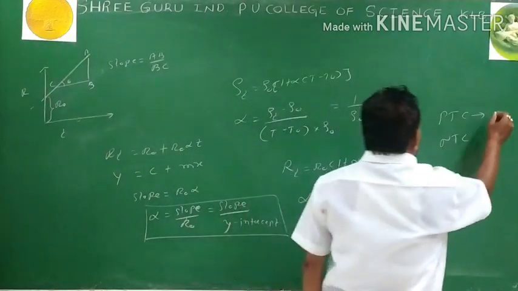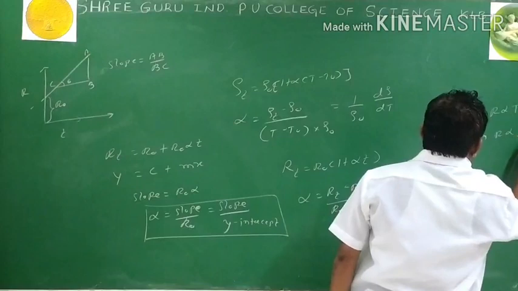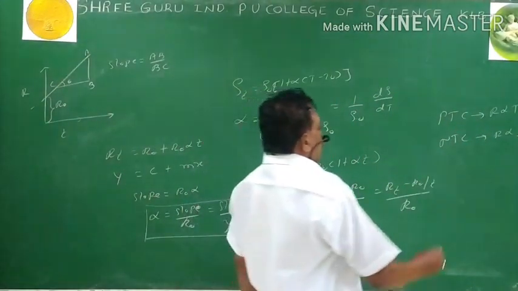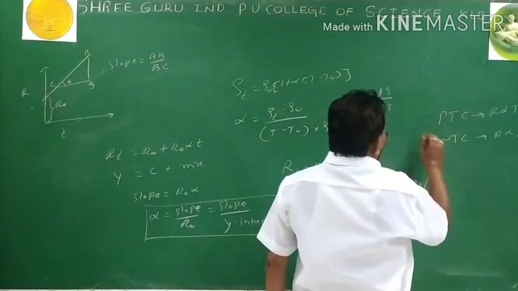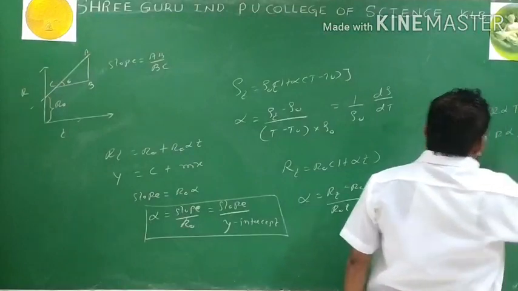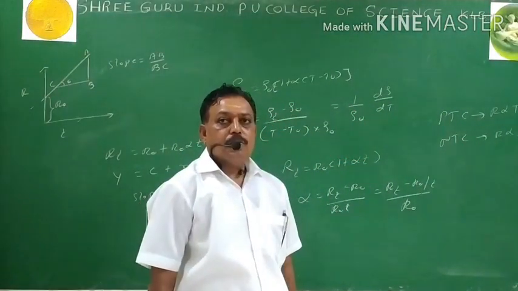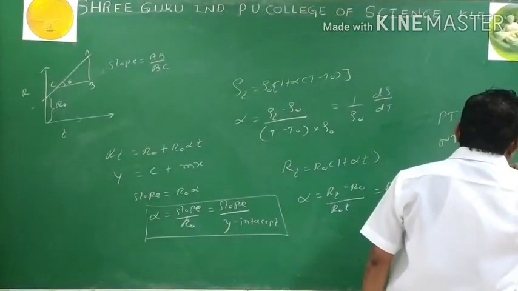Here R is directly proportional to T and here R is inversely proportional to T. Examples of positive temperature coefficient materials are conductors, and semiconductors and insulators belong to negative temperature coefficient materials.